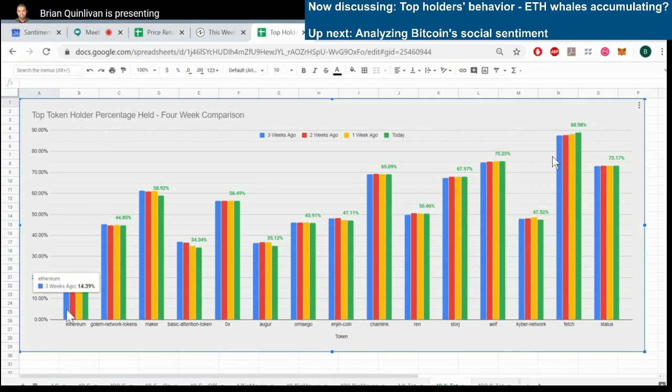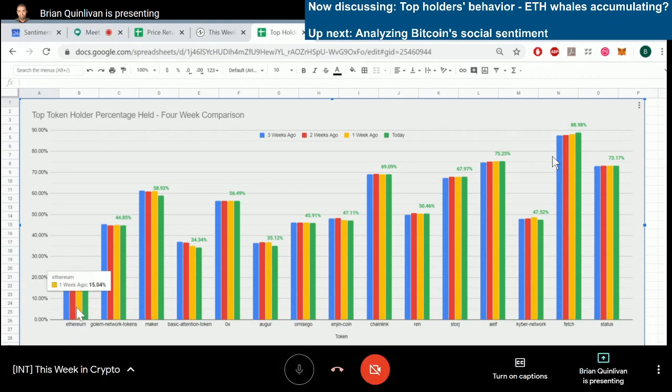But most notably, what you want to look for are these trends upward, where 3 weeks ago, the top 10 holders were only holding 14.4%. Now they're up at about 15.3%. And that's a very large increase when you talk about just how much real life money that actually is that's going into these top 10 wallets. So a good sign for Ethereum.